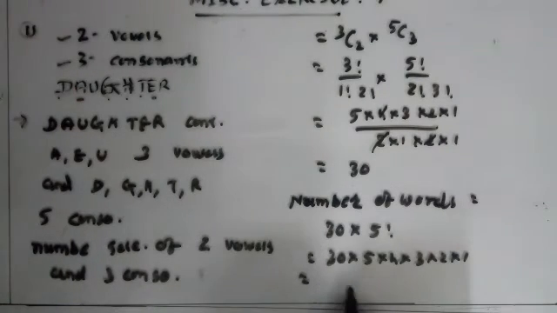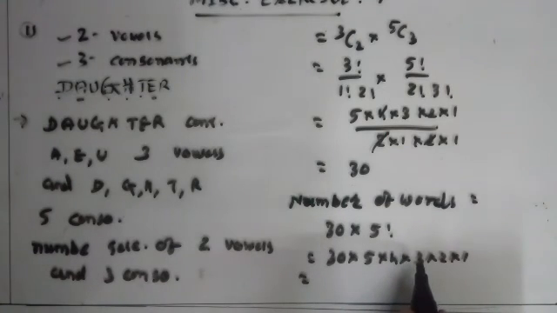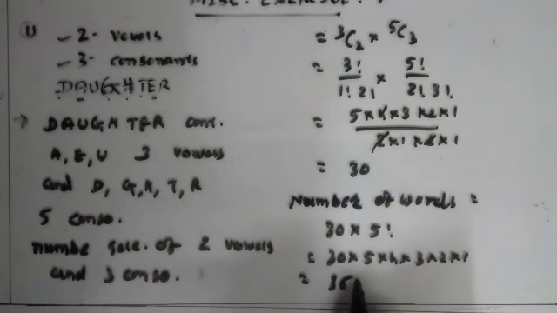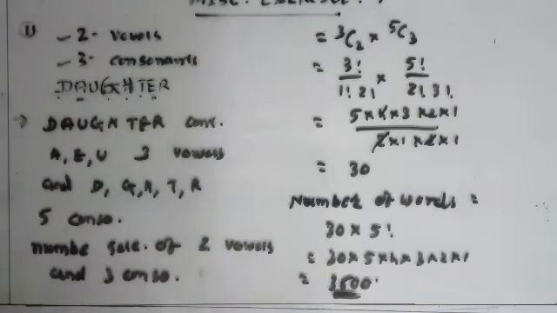Using a calculator we find this number is equal to 120 into 30, that is 3600. So the total number of words is equal to 3600. Clear?